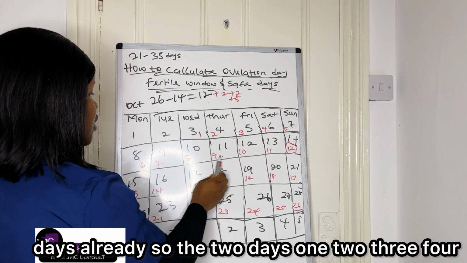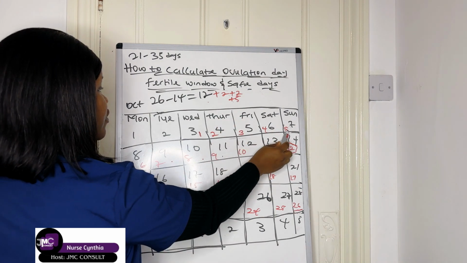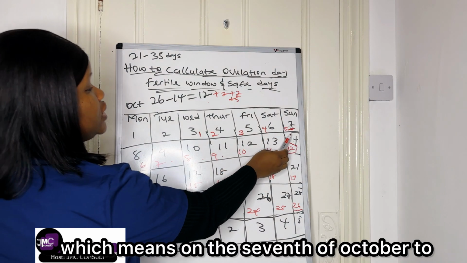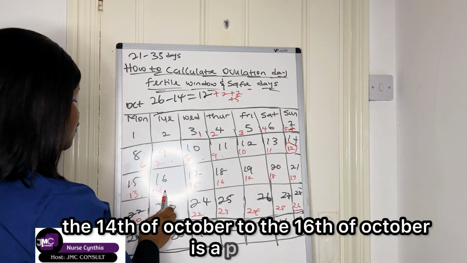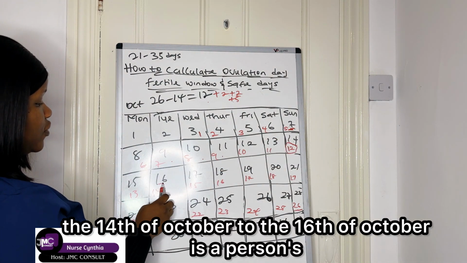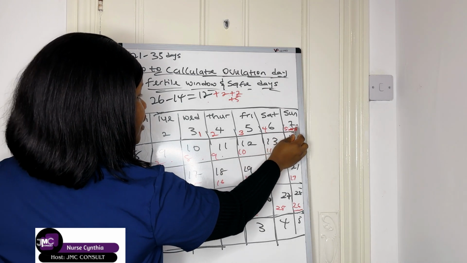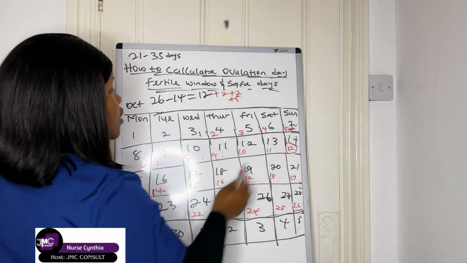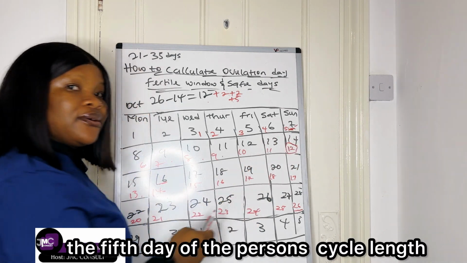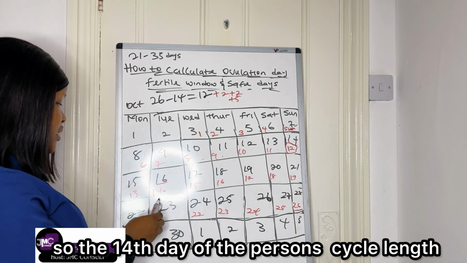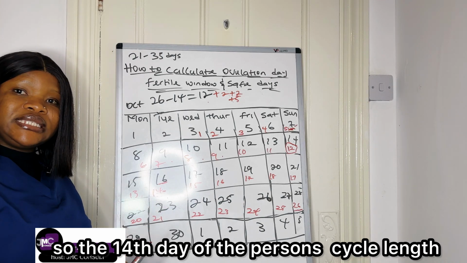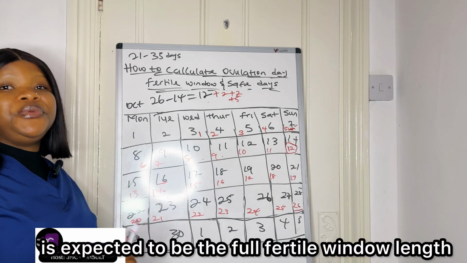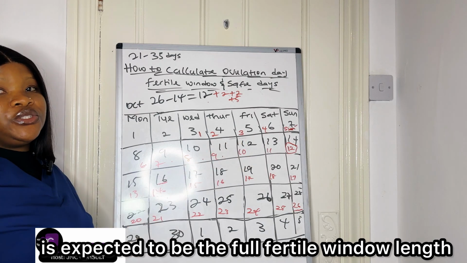So the 2 days, 1, 2, 3, 4, 5, which means from the 7th of October to the 16th of October is the person's fertile window length. The 5th day of the person's cycle length to the 14th day of the person's cycle length is expected to be the full fertile window length.